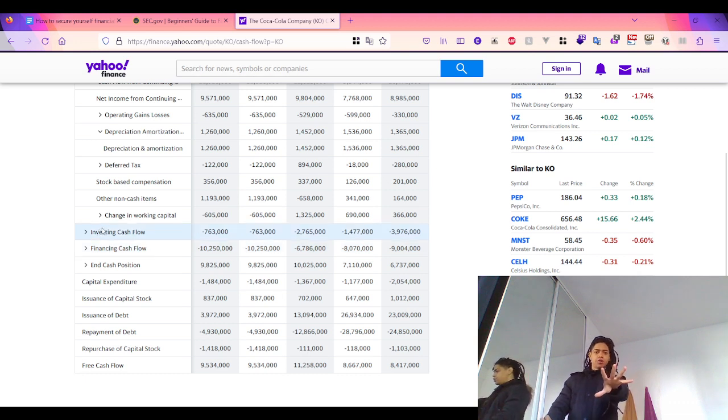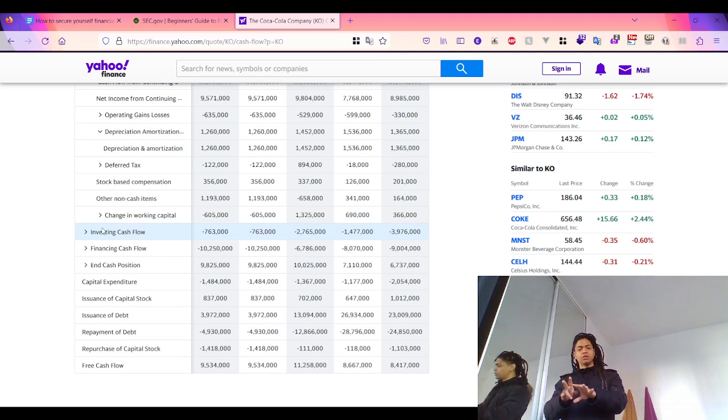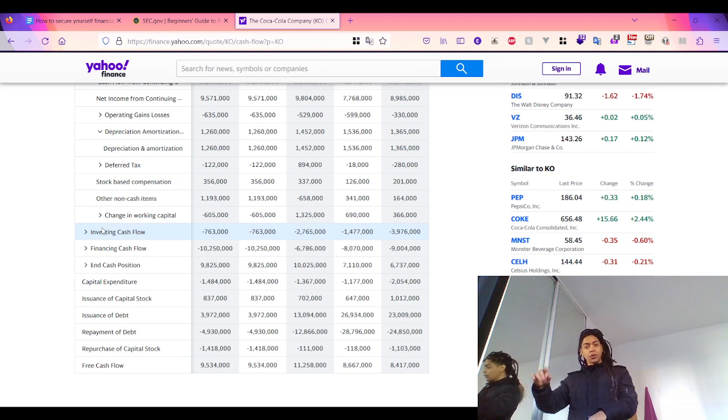So, for example, if a company decides to purchase goodwill, so brand recognition, brand reputation, so it wants to purchase the goodwill of another company, that activity is registered as a cash outflow because cash was used in that operation.